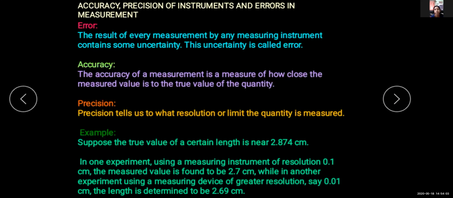Suppose the true value of a certain length is 2.874 centimeter. In one experiment using a measuring instrument of resolution 0.1 centimeter, the measured value is 2.7 centimeter, while in another experiment using a device of greater resolution, say 0.01 centimeter, the length is determined to be 2.69 centimeter.